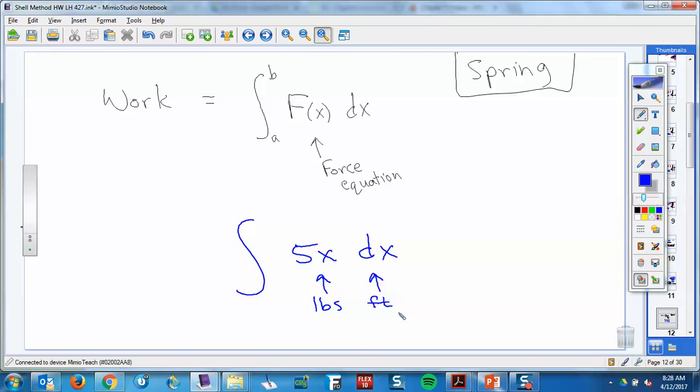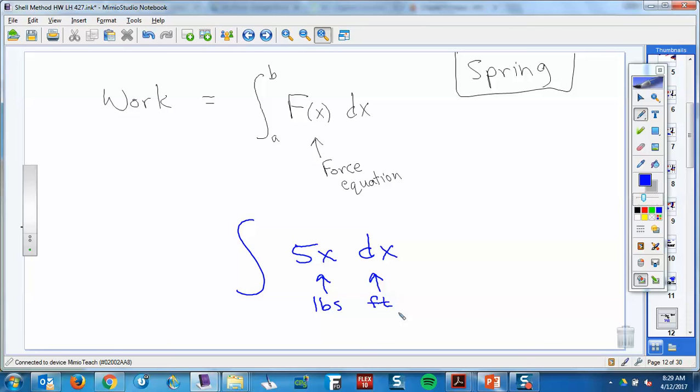You just have to get that force equation, which is from Hooke's law, F equals K times X. So it's always going to be 5X, 10X, 2X, 12X, something like that. You're going to find that K value based on the given information and throw that in. Now, that'll give you how much work, because think about what's happening as we pull that spring from 3 feet: it gets harder and harder and harder, right?